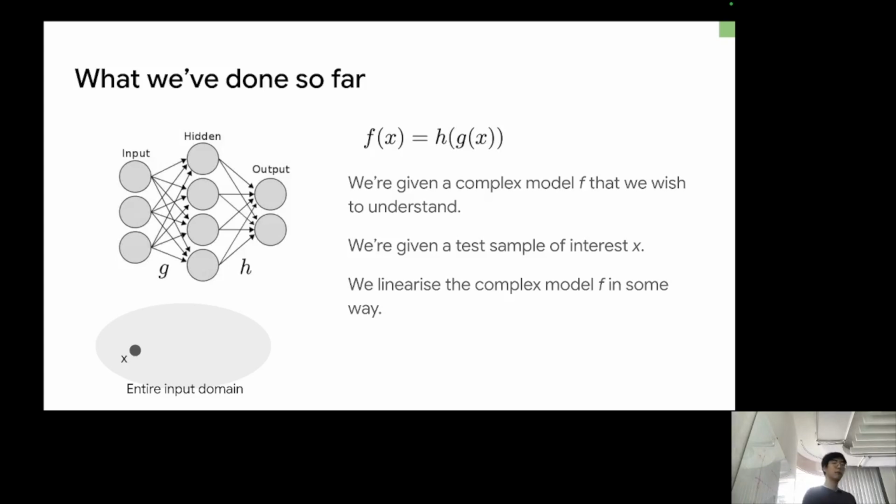Now let me give you these 2 diagrams here, one for the model and the other one for the input space. To simplify things, I'm just going to write f, the function that we are interested in, as 2 parts, g and h. Let's say it's a 2-layer neural network like this. And there's a sample of interest, x, that we wish to explain the model around.